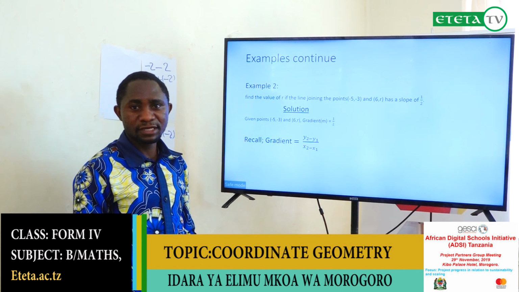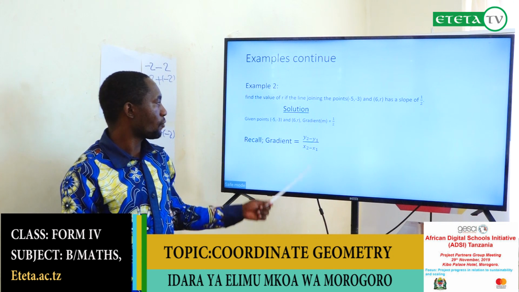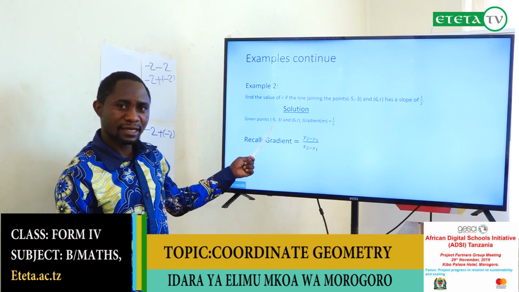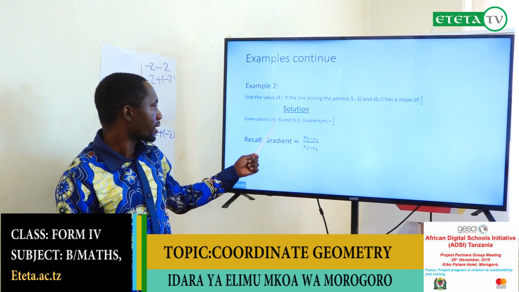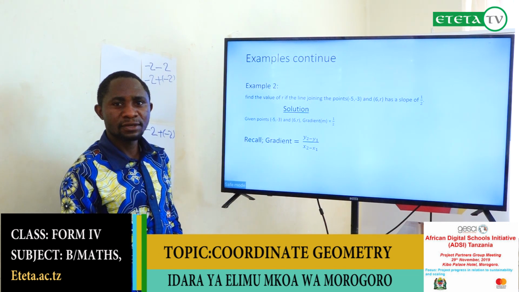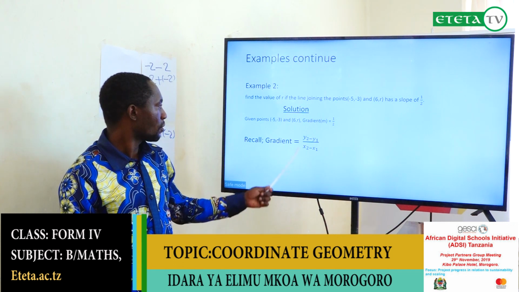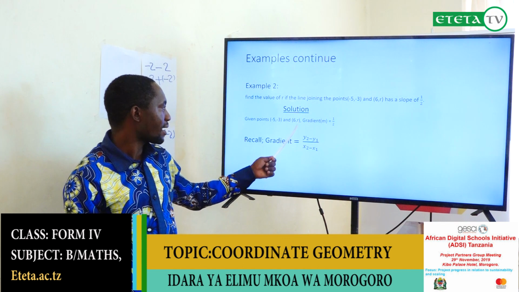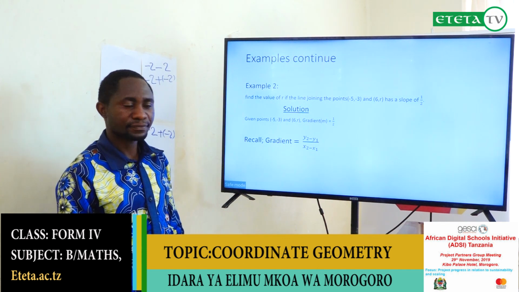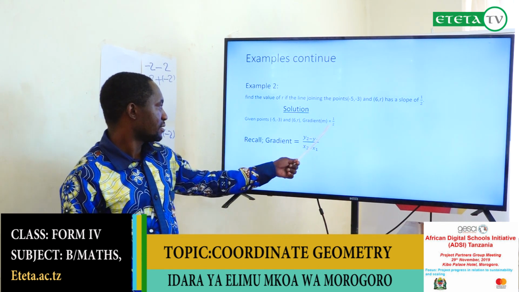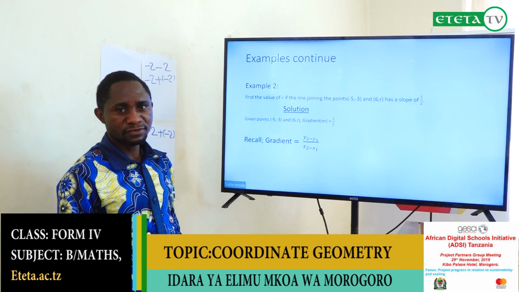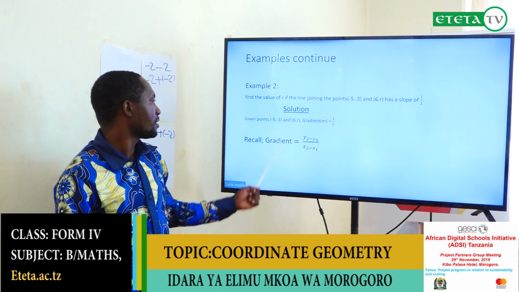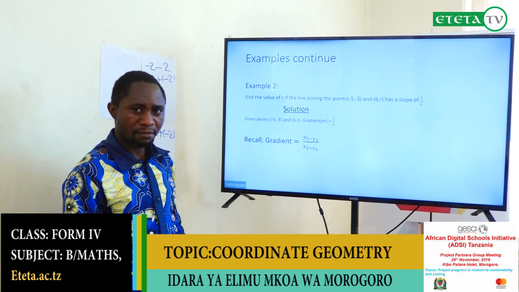Now if we take that into consideration, this is -5, we can label it as x1, -3 as y1, also 6 as x2 and the R as y2. Our gradient is 1/2. Now we can substitute the values into our formula.